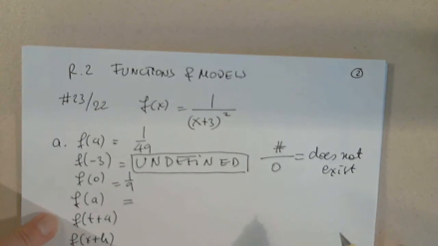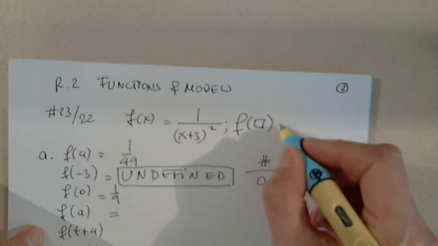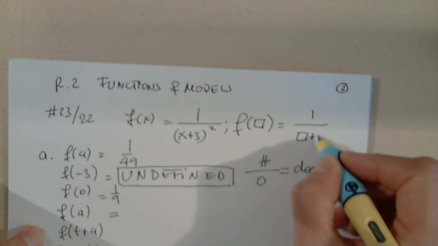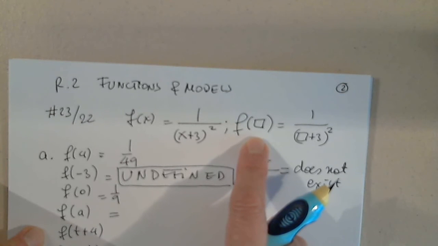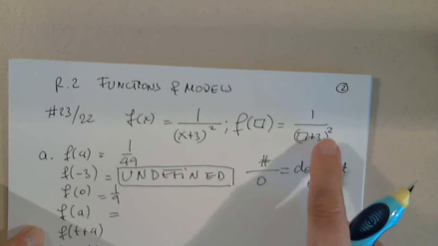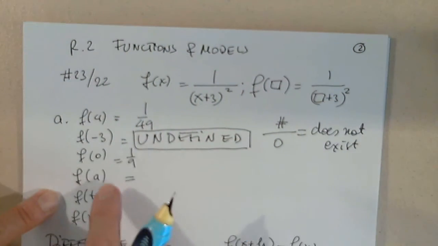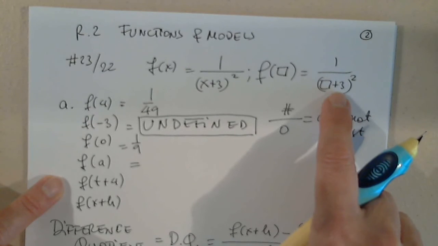F of a, remember how to read a function. This particular function really tells us this. F of whatever you want, except negative 3, is 1 over whatever plus 3, everything squared. So I have f of a. All I have to do is put a in the box.